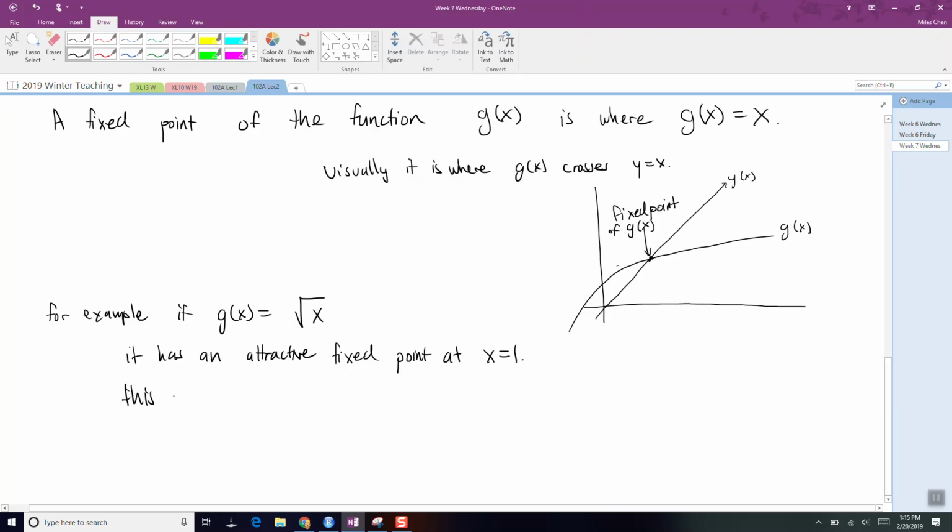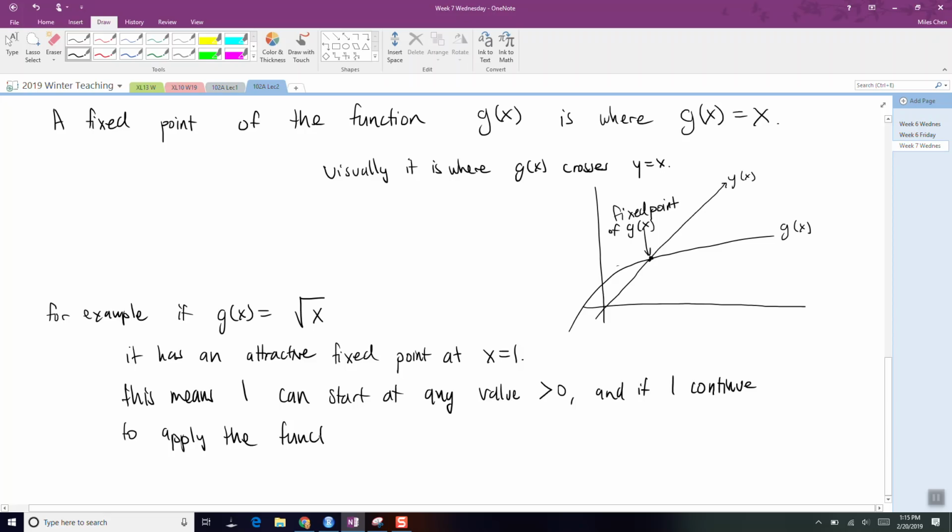This means I can start at any value greater than 0, and if I continue to apply the function to its output, we will get x equals 1.